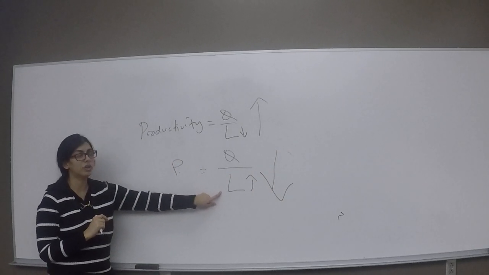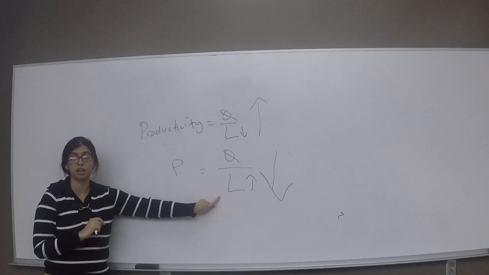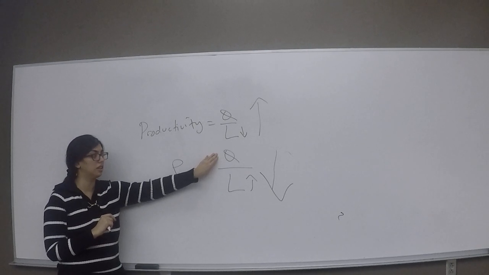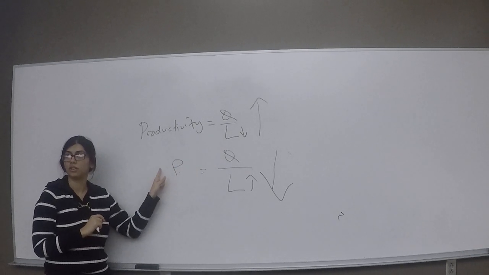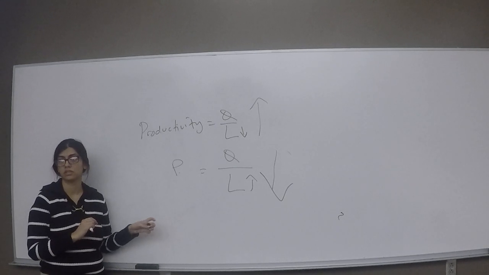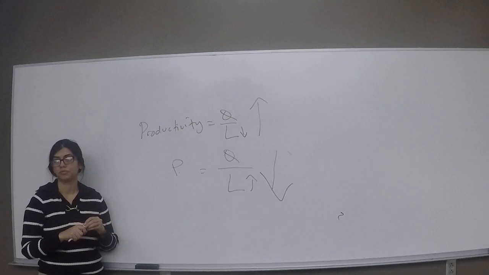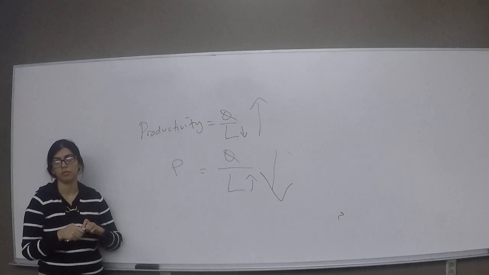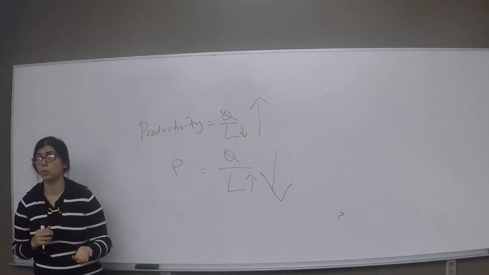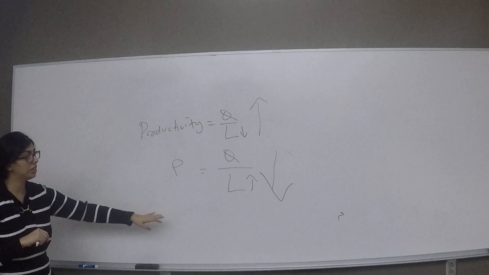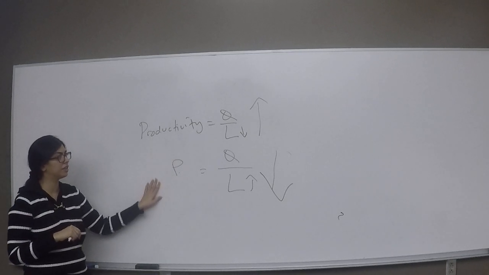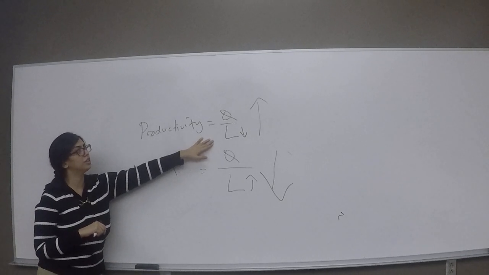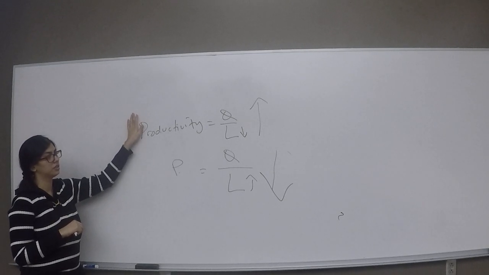So whenever you increase a denominator in a fraction, keeping the numerator constant, the answer decreases. That's just how fractions work, right? Increase the denominator, productivity will decrease. Decrease the denominator, productivity will increase.